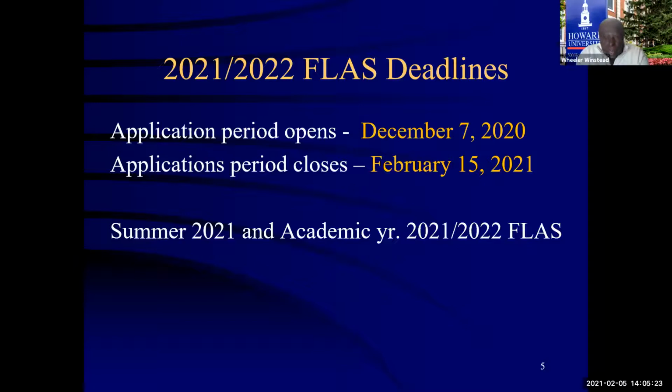That is the last day you'll have to get in your application. This is for both the summer 2021 and academic year 21-22. A person can apply for both the summer and the academic year fellowships. However, you will have to provide separate information when you apply.